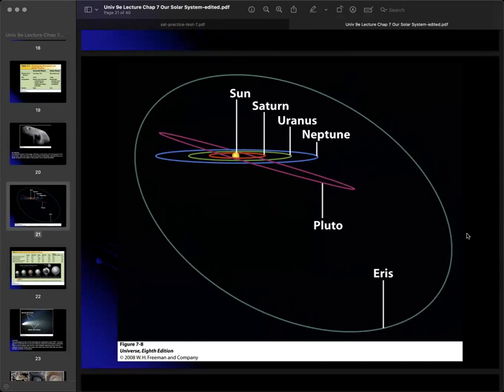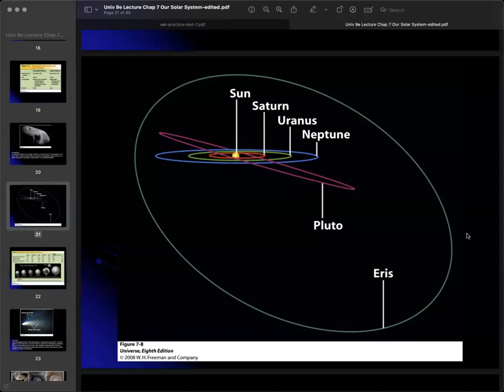Then there are dwarf planets. As you know, Pluto was kicked out of the category of planets and was categorized as a dwarf planet. There are a few conditions that an object must satisfy to be called a planet. First of all, it should be big enough for its gravity to make it into a round shape, which Pluto satisfies.